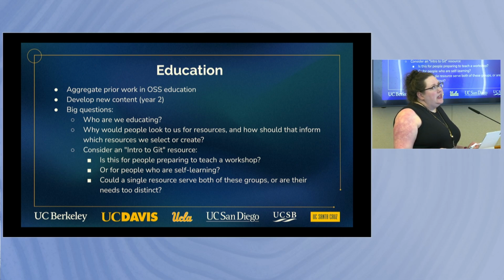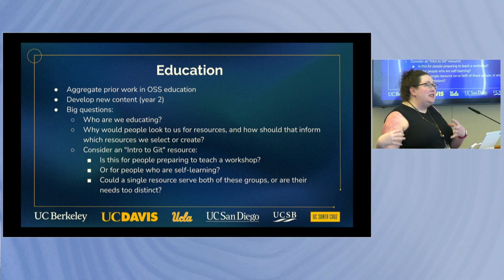And in industry OSPOs, I think that it's less of a question perhaps, because it's like, well, we're educating people who are interested in learning more about open source stuff, right? But in the university context, there are these people that we call students. And when we refer to education, it's easy to assume that the educational materials that we are developing are targeting the students.